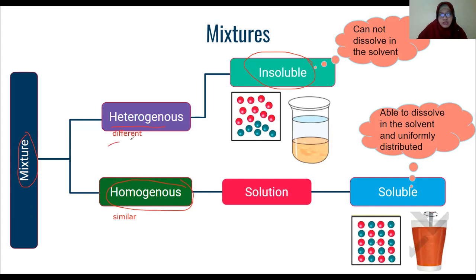But for heterogeneous, mostly they will form two layers. So we can differentiate between, this is the sand part, for example, and this is the water part, so they form a layer. And then for homogeneous we call this a solution.